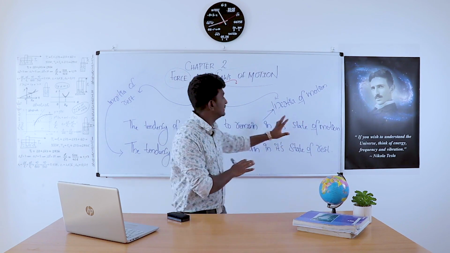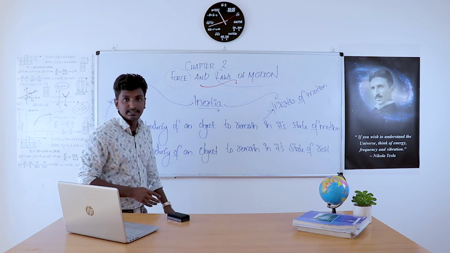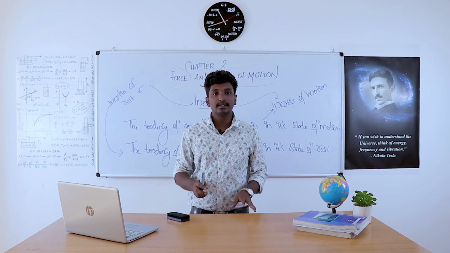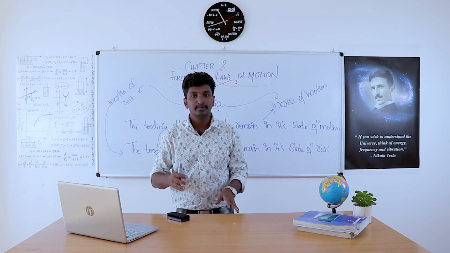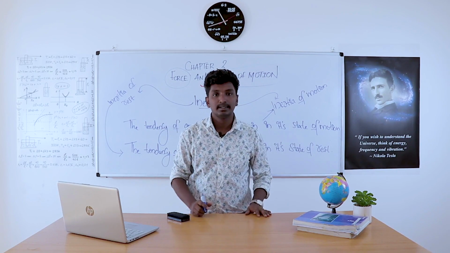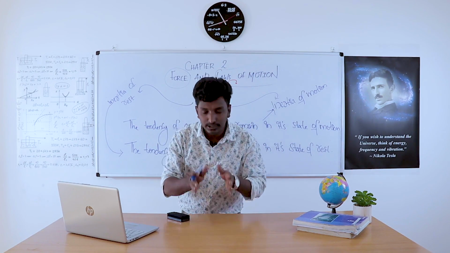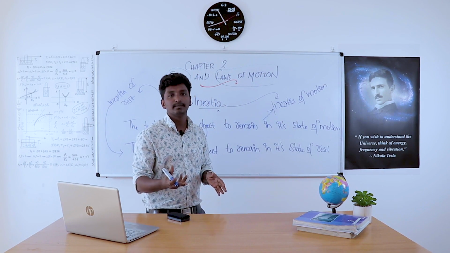We have to look at the examples of the two types of inertia. I am giving two examples. When we are standing on a bus or any vehicle which is moving forward, when the bus suddenly brakes, we just go forward. What is the reason for that?